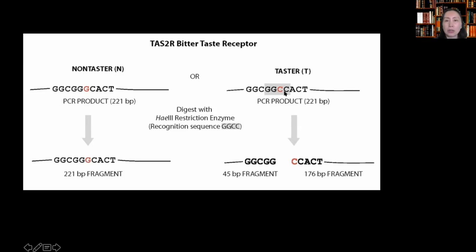So the taster gene could be recognized and cut by the HAE3 enzyme, and you get 2 pieces after digestion. The non-taster gene has GGGC, so this enzyme could not recognize and cut it. Therefore, after digestion, you still have 1 piece.